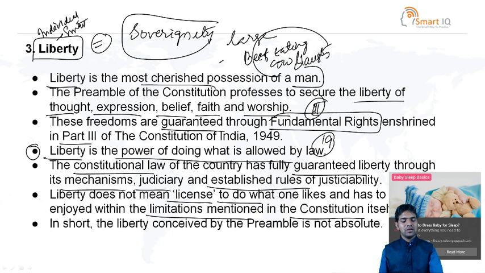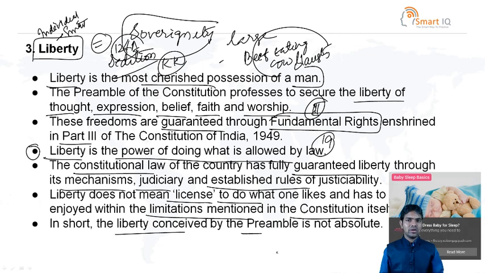For example, there is sedition. Recently, in the Kanhaiya Kumar case, Kanhaiya Kumar, the president of the JNU Student Union, was arrested by the government of India under Section 124A, the sedition law. That is also seen as a violation of the liberty of the individual. The liberty constituted by the preamble is not absolute in nature.